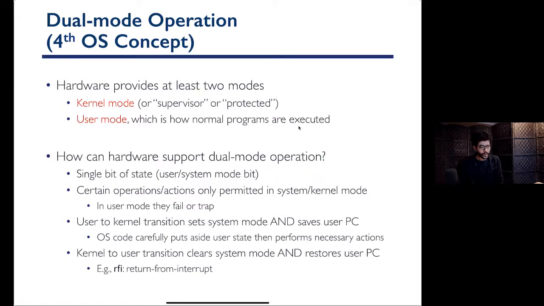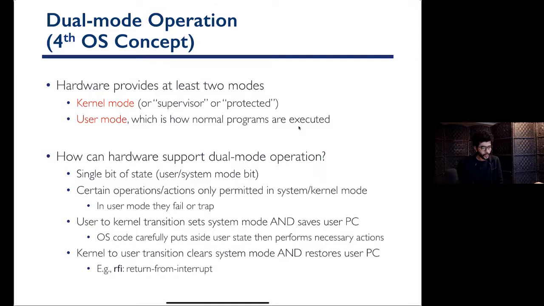Now, apart from providing that one single bit, the hardware has to also provide some support, in the sense that when that bit is set to 1, you want certain operations to be permitted, and when that bit is set to 0, you don't want those operations to be permitted.